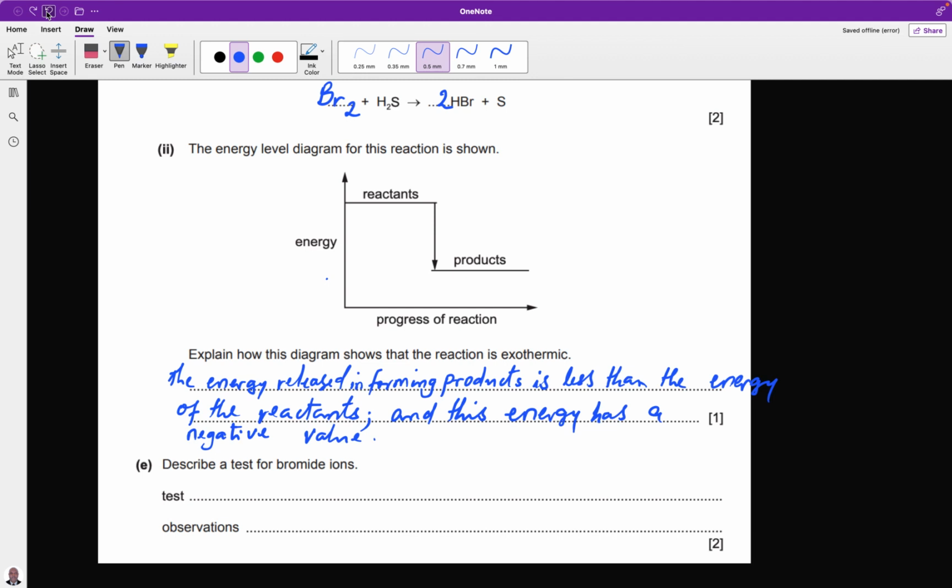So in this case, the test for bromide will be what?